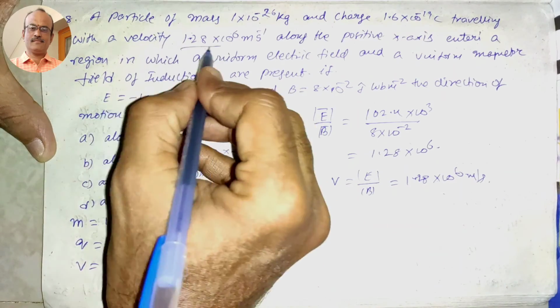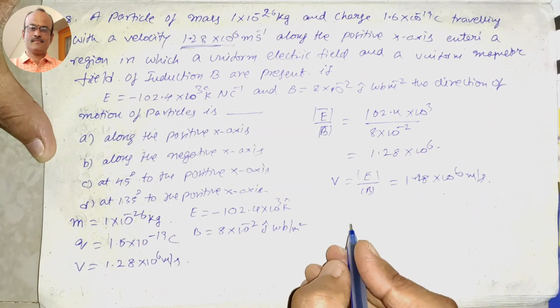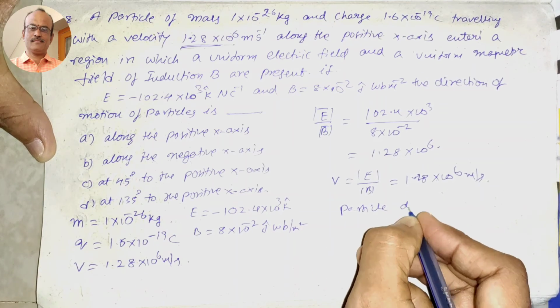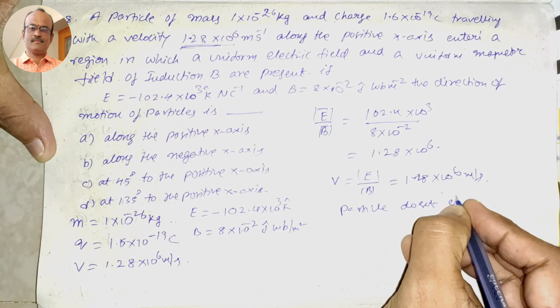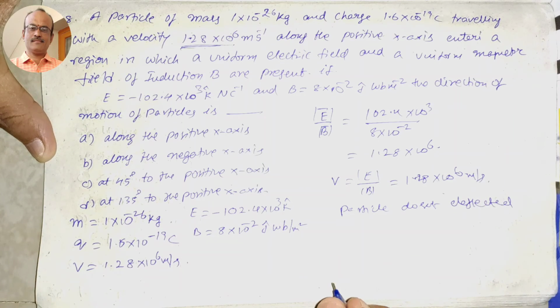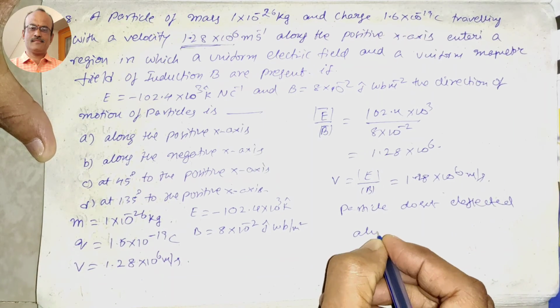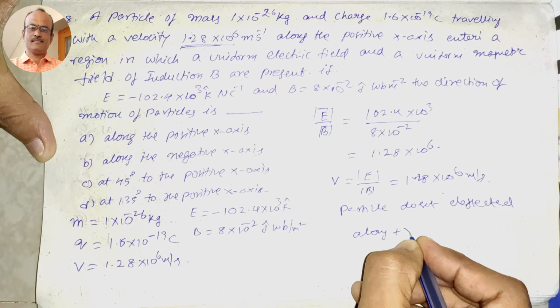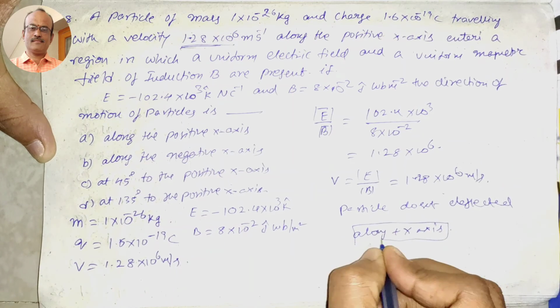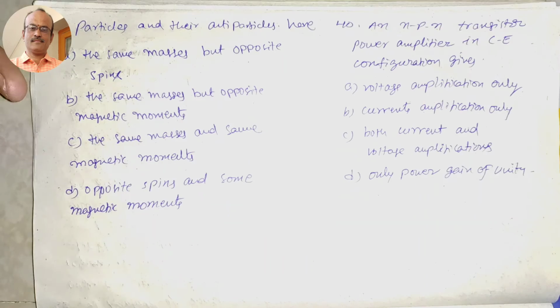Whatever the speed is, we get the same here. So that means the particle is not deflected, it remains the same. It is moving along the positive x-axis. This one we have to remember.